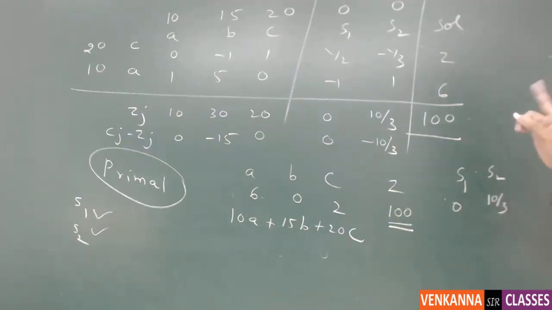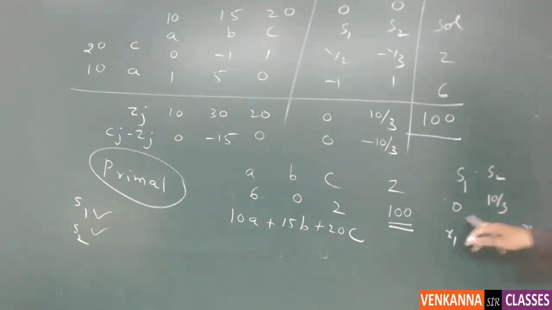In the primal problem, we have three variables, say x1, x2, x3. So you will simply write like this, x1, x2, x3. So x1 value is 0, x3 value is 0, x2 value is 10 by 3. So if you find the solution in the objective function of the primal, you substitute these values, which is the solution of the primal.